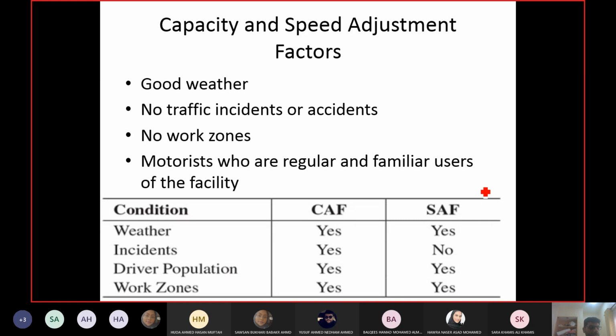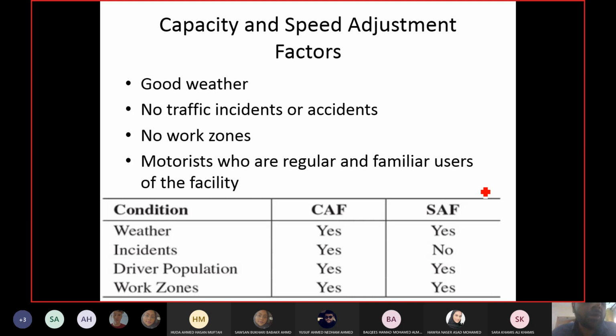For example, if you have good weather and no incidents on the road, but there is a work zone and all motorists are regular familiar users, you only need the adjustment factor of work zone. The other 3 are not required for speed and capacity. So when you meet the base conditions, the adjustment factor will go out.